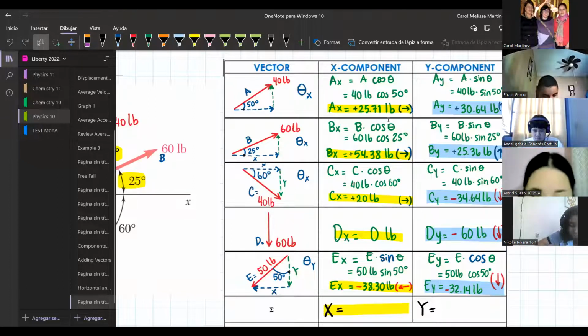Very good, Monserrat. 61.79. These are pounds. And it's positive.